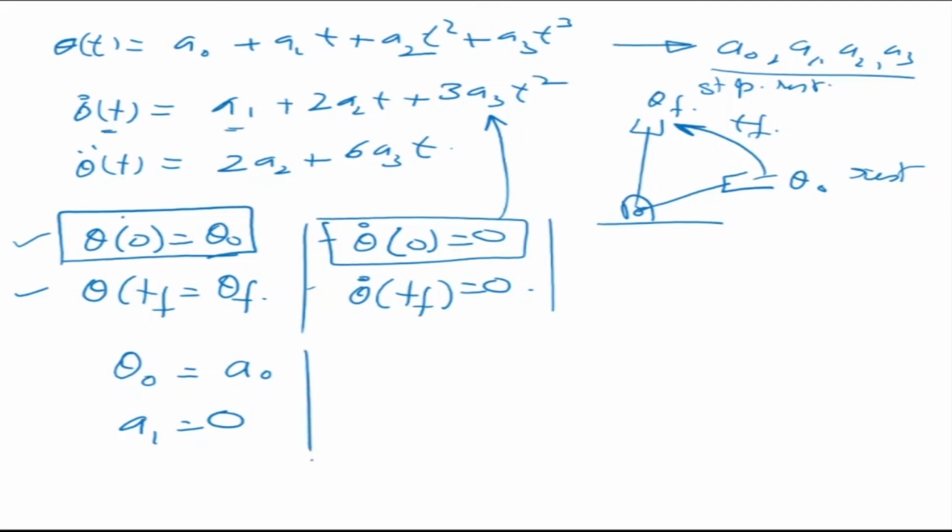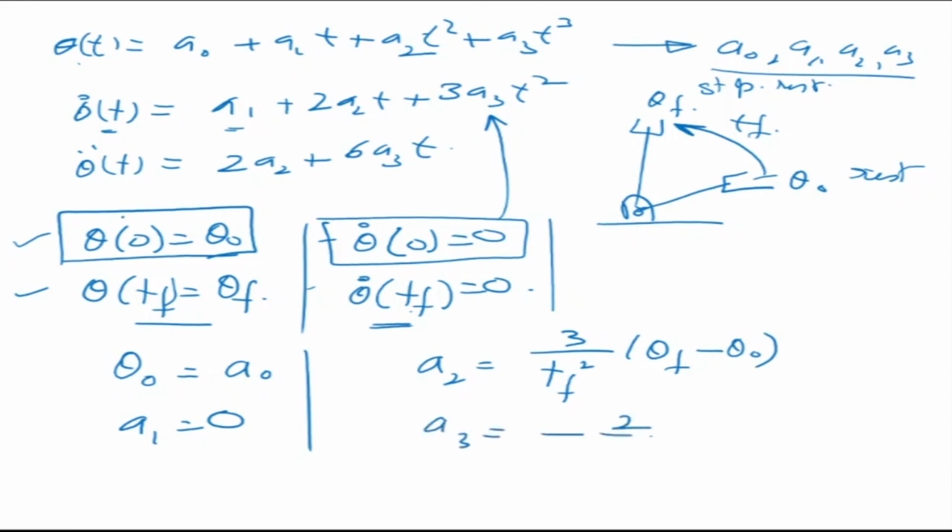Then I have two more equations. I can put these two conditions in the position equation and in the velocity equation, and I can solve. a2 is equal to 3 over tf squared times theta f minus theta naught, and a3 is equal to minus 2 over tf cubed times theta f minus theta naught.